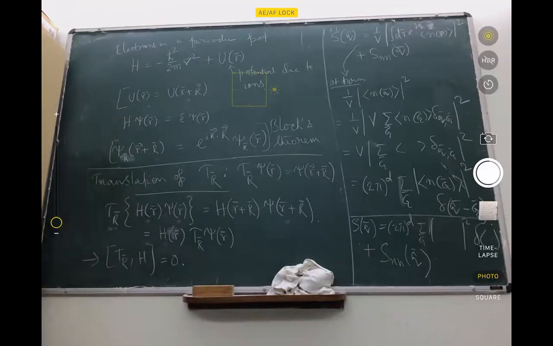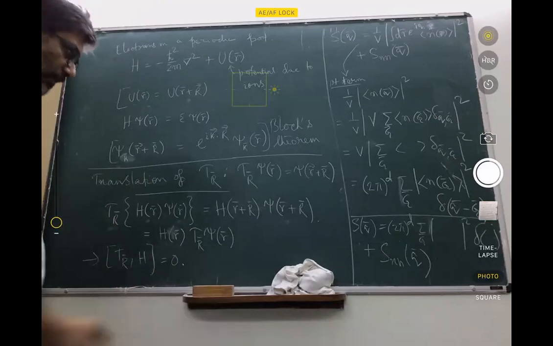Therefore, I can have wave functions that are simultaneous eigenfunctions of both H and T of R. I can construct energy eigenfunctions that are eigenfunctions of this discrete translation operator.